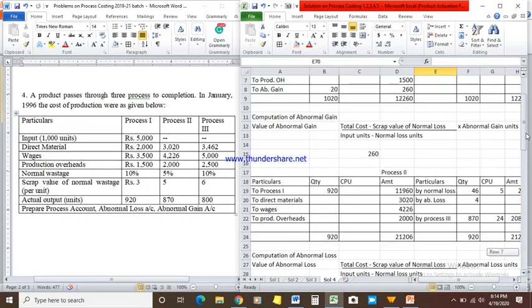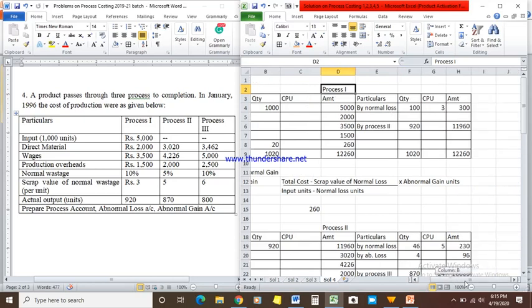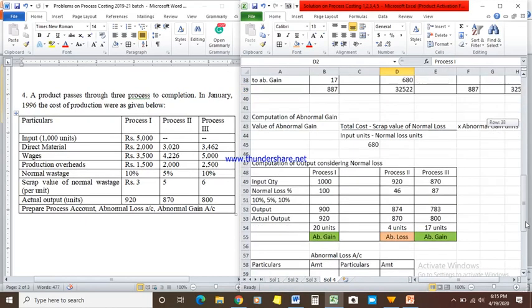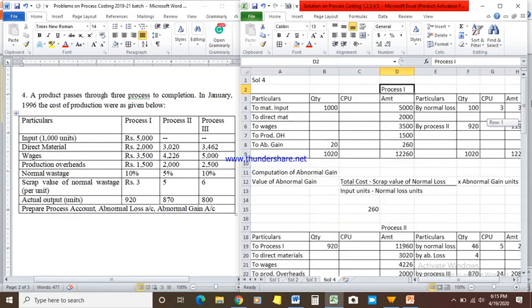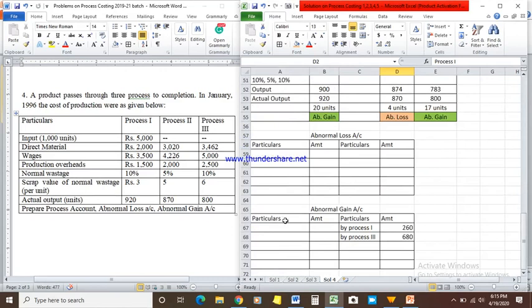So in the process 1, abnormal gain is mentioned and there is a normal loss of 300. So this normal loss is transferred to abnormal gain.